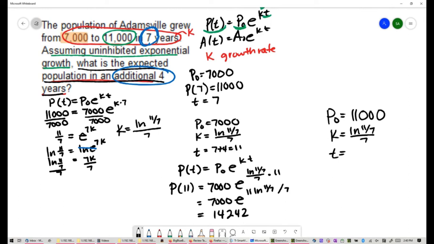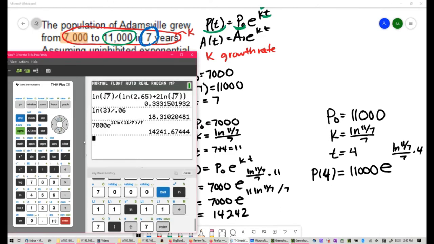But here, since I already started after the 7 years, I only need to do the additional years. So I would make this P of 4, 11,000 e to the natural log of 11 over 7, over 7, times 4. So let's type that in and see if we get the same answer.